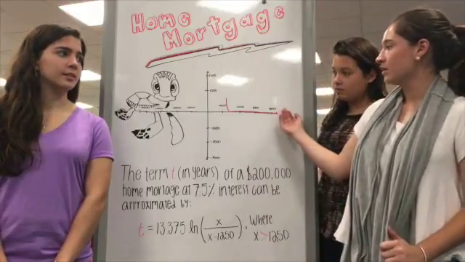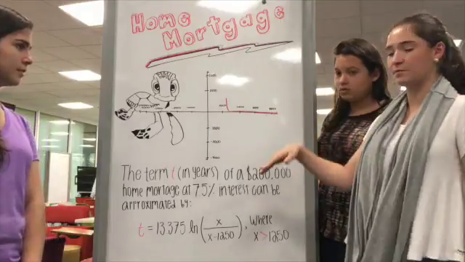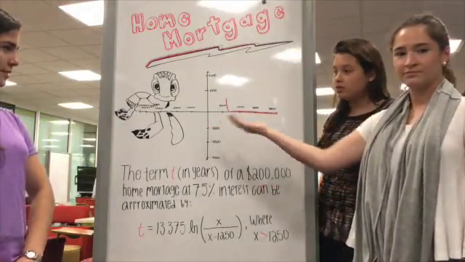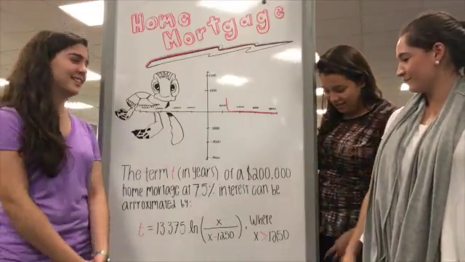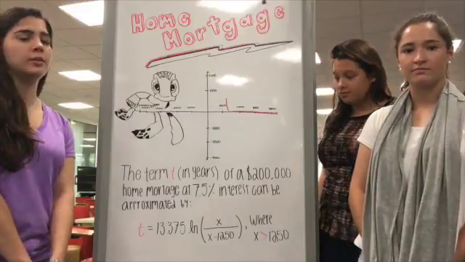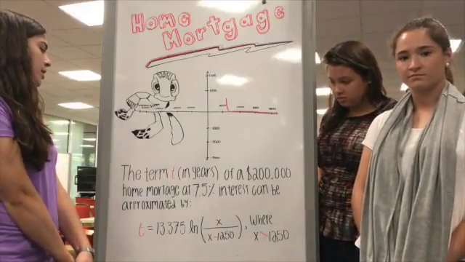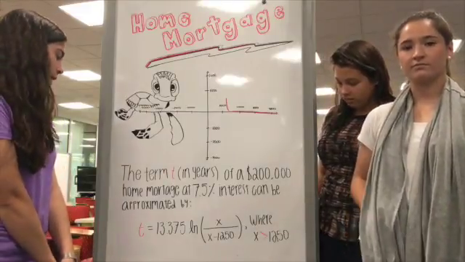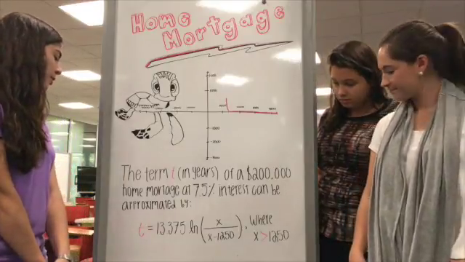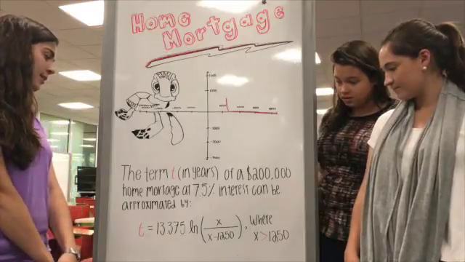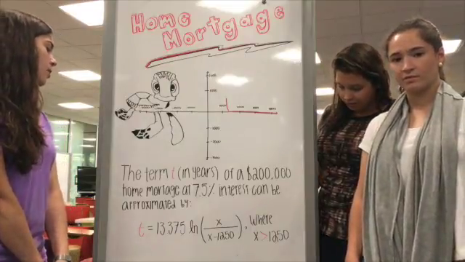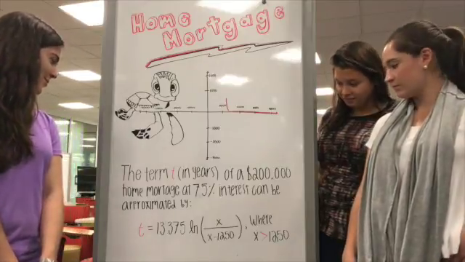As you can see, here we have the graph that represents the function, the problem we're about to solve. The problem states that the term T in years of a $200,000 home mortgage at 7.1% interest can be approximated by T equals 13.375 ln of x over x minus 1250.